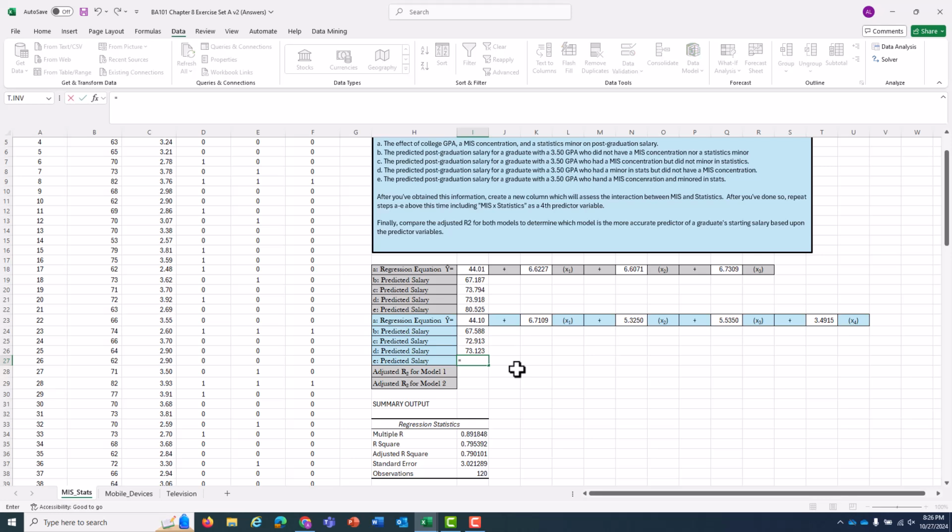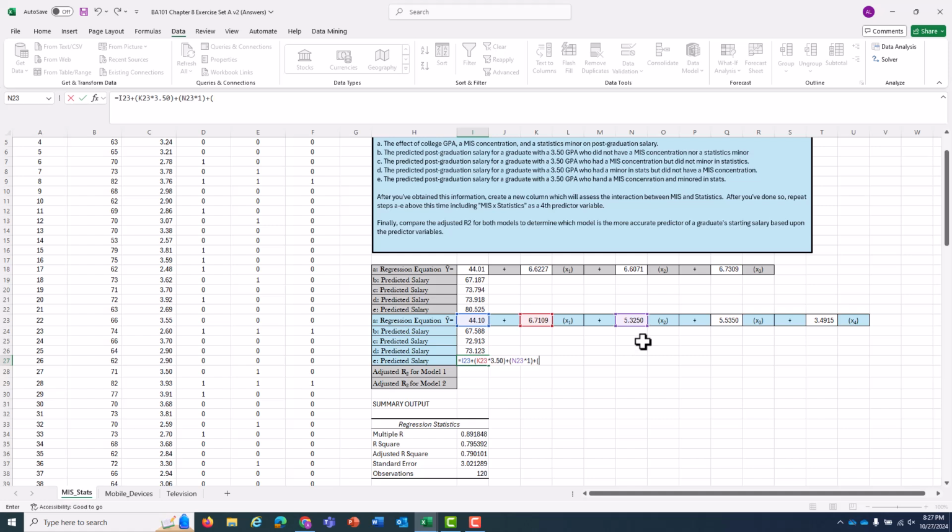And then for our last equation here, this is for someone who has both. So we take the 44.10 and add to it all the good stuff. Take the slope that we had for the GPA, multiply by our 3.50 GPA that we were testing for. Take the slope for having an MIS concentration, and since now they have both, that would be a 1.